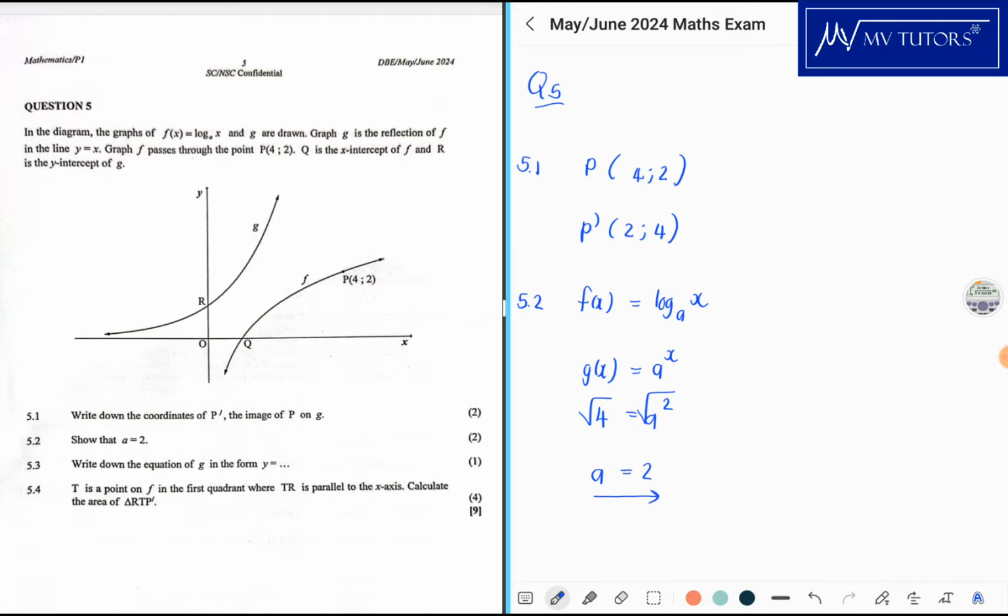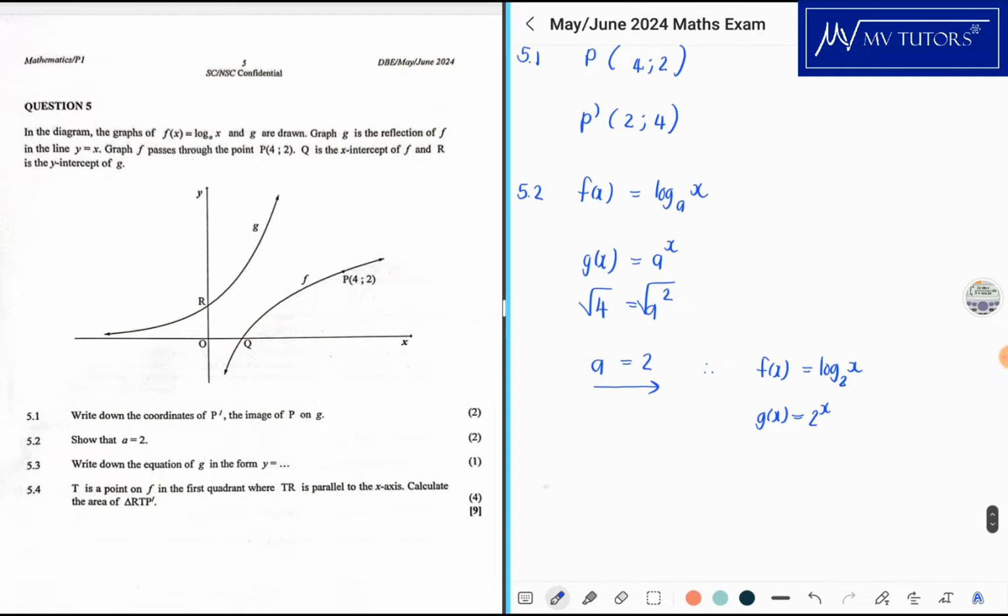In this case, a would be equal to 2. Therefore I can write down the function. You could have really taken the function of f of x and substituted 4 and 2 and then gotten a. There's more than one way of getting the answer. So f of x then becomes log base 2 of x, and g of x becomes 2 to the power x. This is just something to put for yourself.